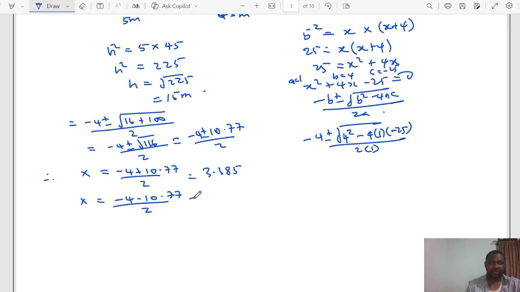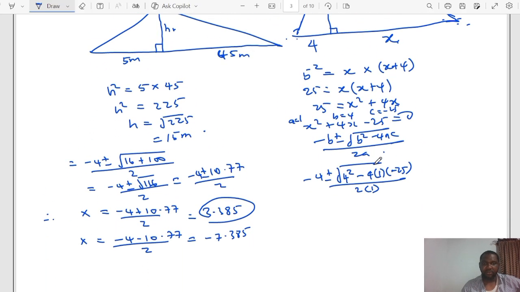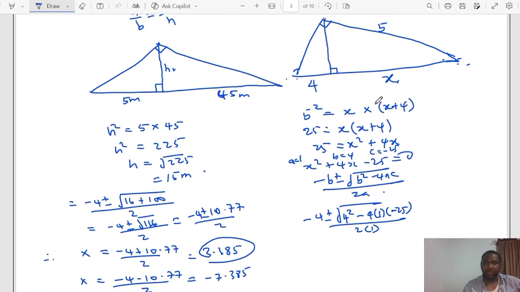That's the first answer. The other one, minus 10.77, gives me minus 3.385. So we are going to pick the positive one as the answer, because distance cannot be negative. So that's the answer to this question. Your x here is equal to 3.385.